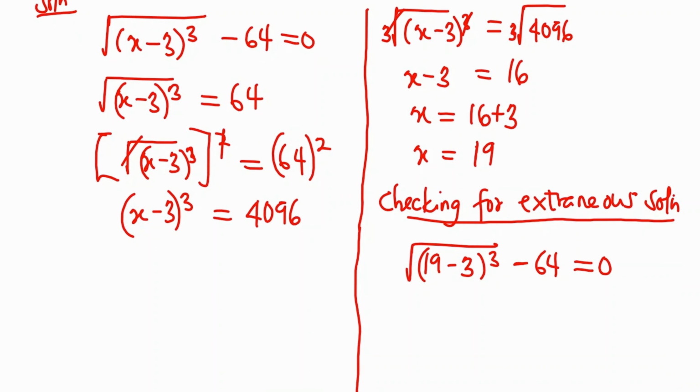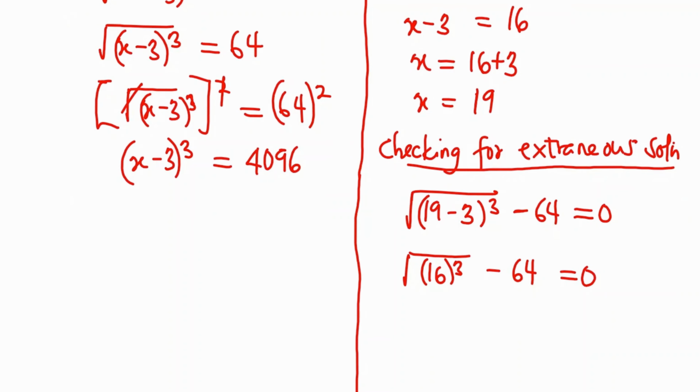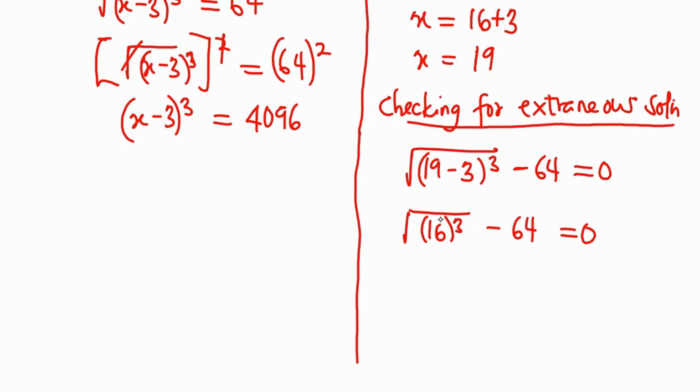So we continue, and here we can see that 19 minus 3 gives an answer of 16. So you have 16 exponent 3 here minus 64. We want to see if indeed we get 0. So we continue simplifying, and the cube of 16 gives us 4096, and then bring our square root and then minus 64 attached, which is equal to 0.